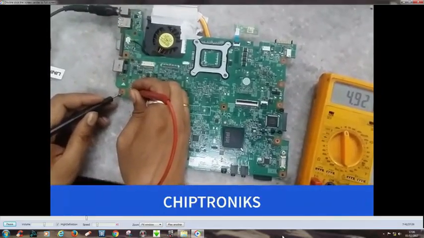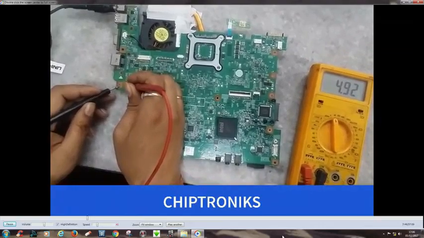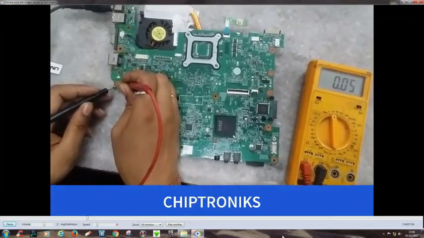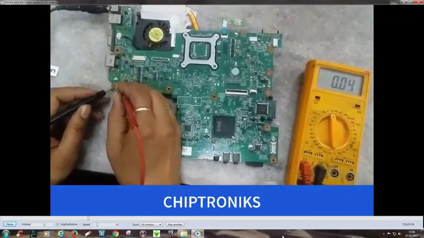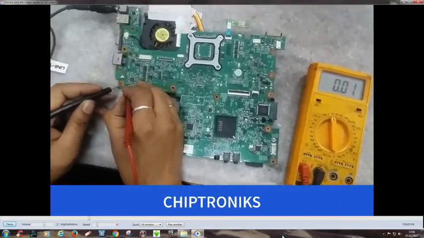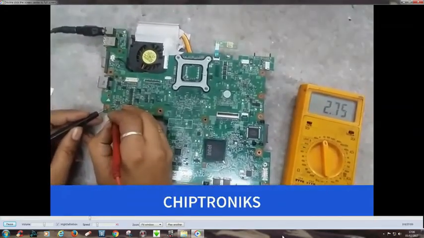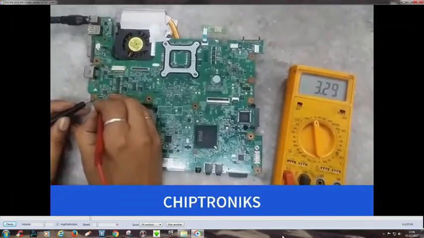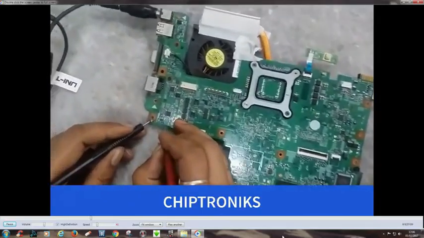So the inputs are okay, and let's check pin number 5. Pin number 5 will give you 3.3 volt. Pin number 5, you can see 3.26, so this is 3.3 volt.